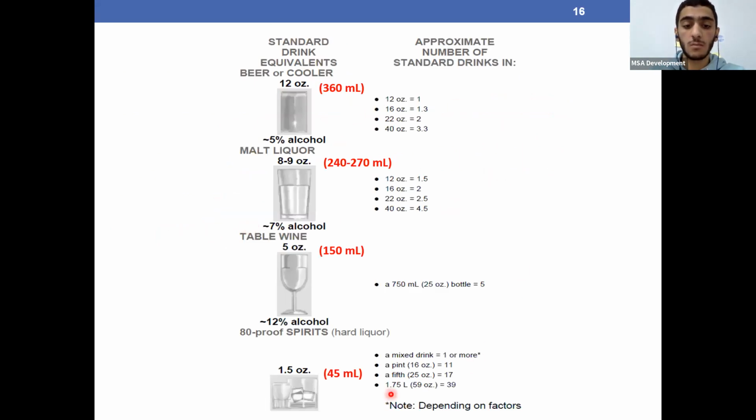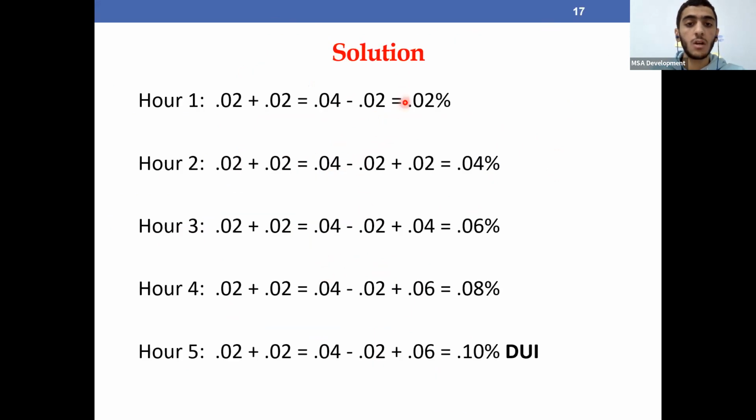And with this beer or cola or whatever it is, there's going to be 360, and the liquor, there will be 240, 270. This is just how much is found, or how many milliliters of alcohol. Okay, and this is the solution of the previous question. We said it's going to be 0.04 the first hour, 0.02%, and the second hour is going to be 0.02%. You're going to add 0.04, and then you're going to subtract 0.02.